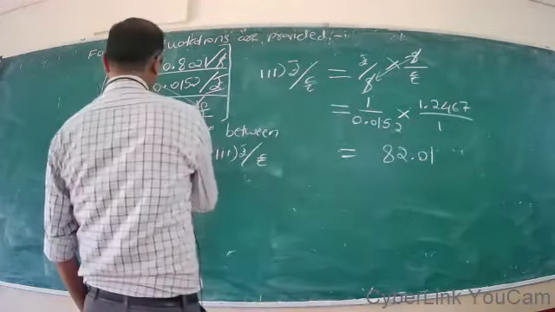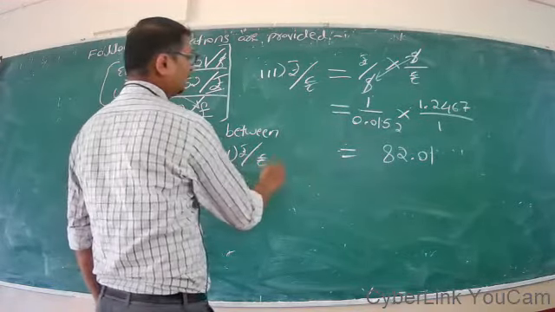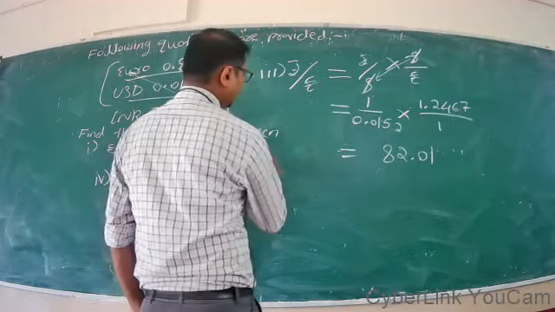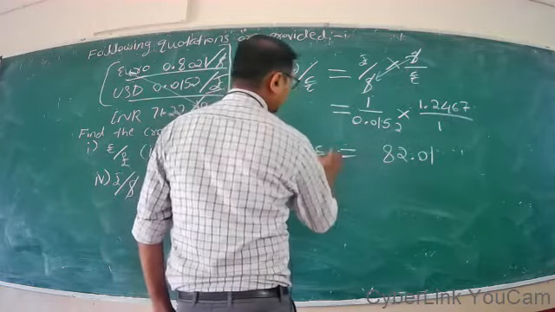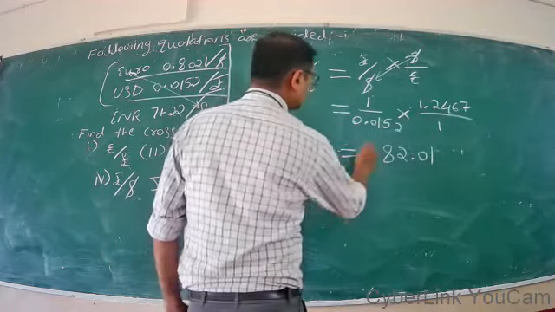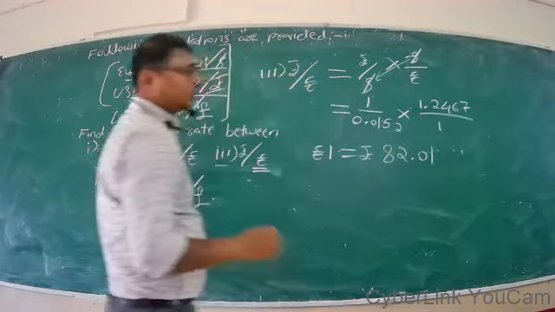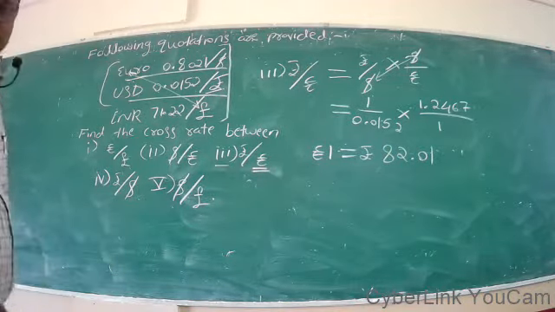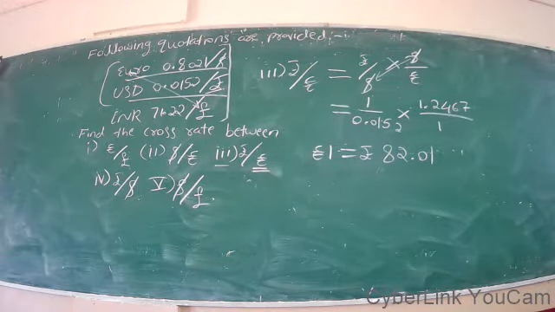The question asked is rupee per euro: denominator euro means 1 euro, the rupee will be 82.01, right?